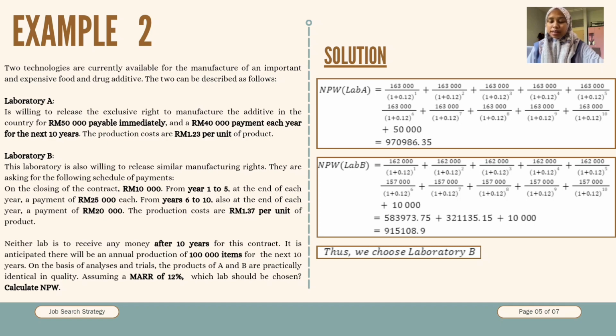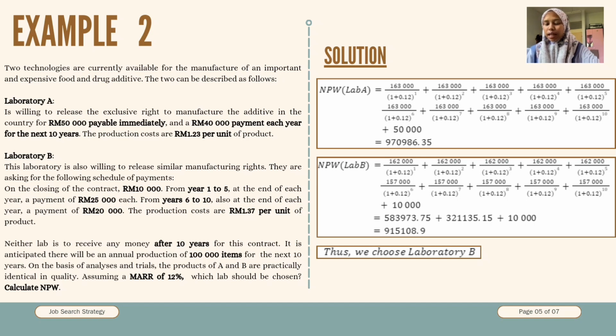How we can get 163,000 is by multiplying 1.23 with 100,000 units. After that, we need to add 40,000 ringgit, which is the payment for each year for the next 10 years. As we follow the formulation, we need to divide it by 1 plus MARR to the power of the current year.